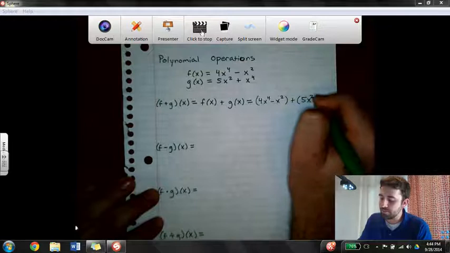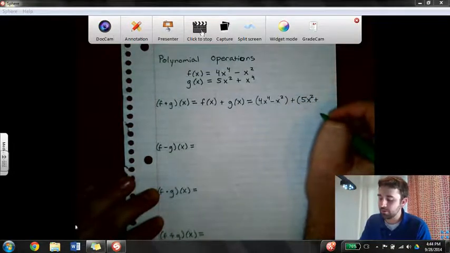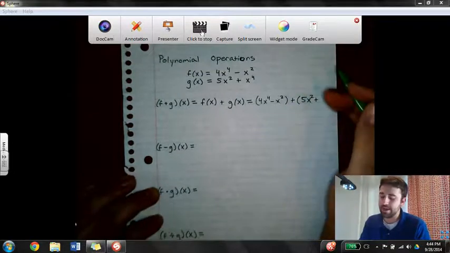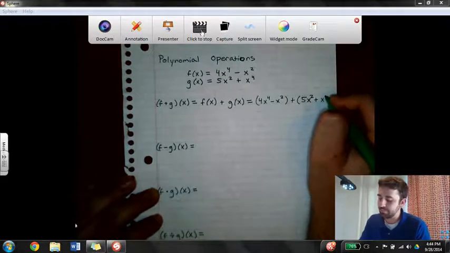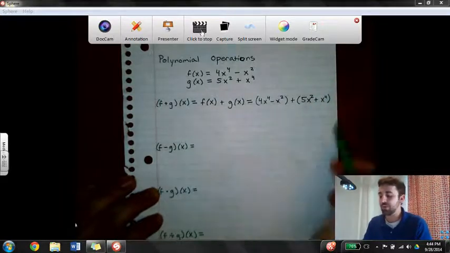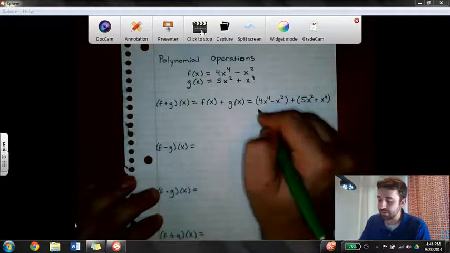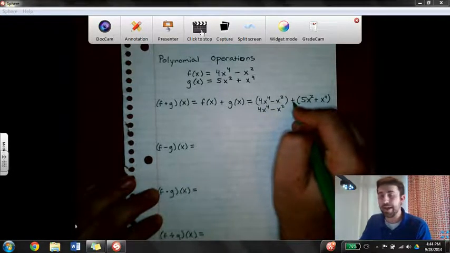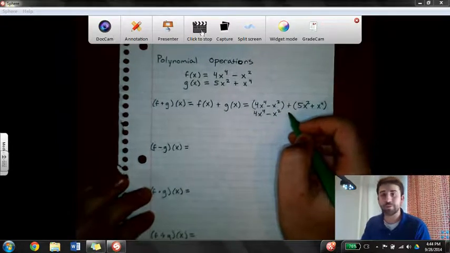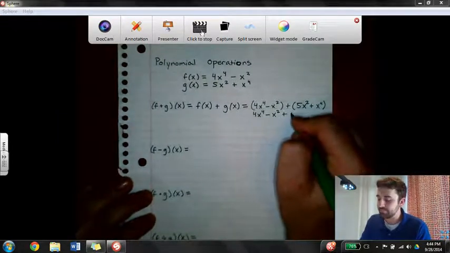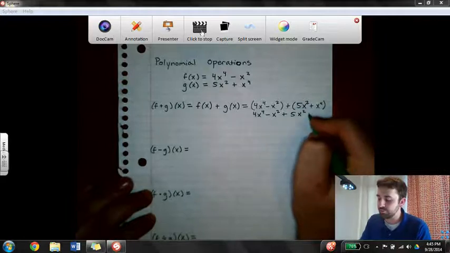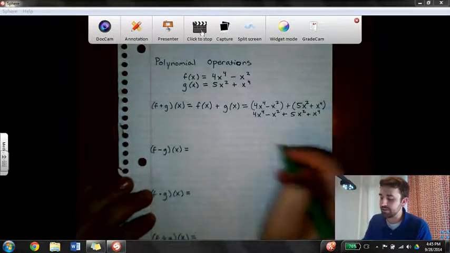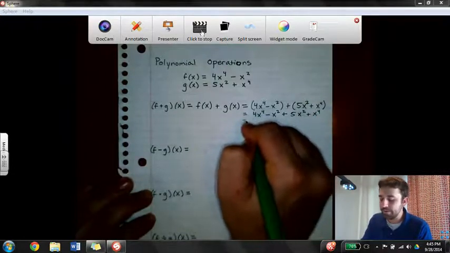I write them in parentheses because later on it helps to show this placement. So once we have this written, we can rewrite it without parentheses. Since I'm adding, I'm not having to worry about distributing anything, and so I can rewrite them exactly as they appear. And then I can combine like terms.